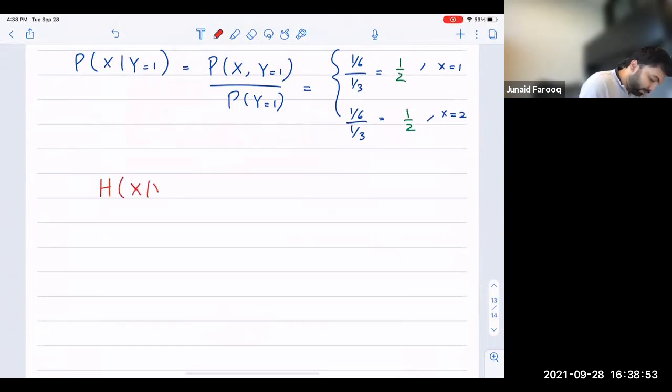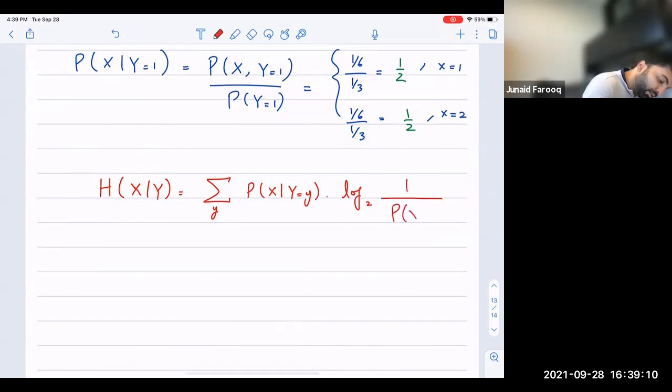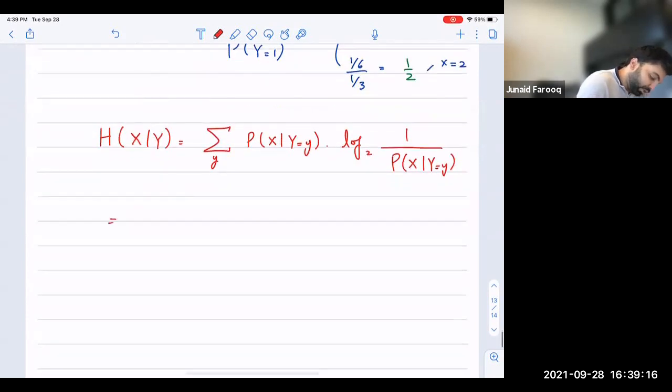So h of x given y is actually the average over all of these conditionals, right? So it's 1 over x given y equals small y. So essentially, we have two values of y here.